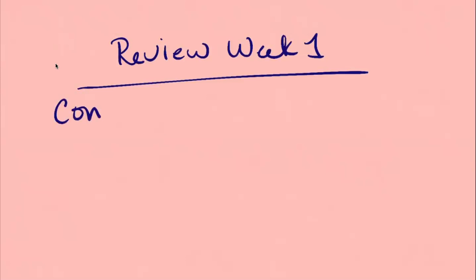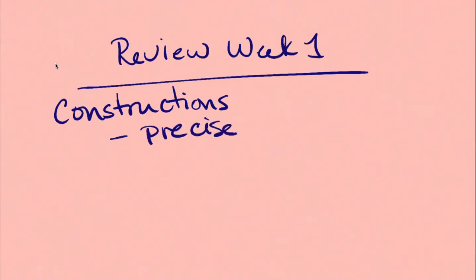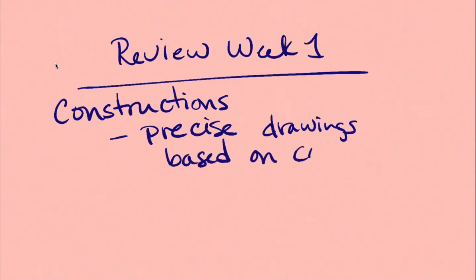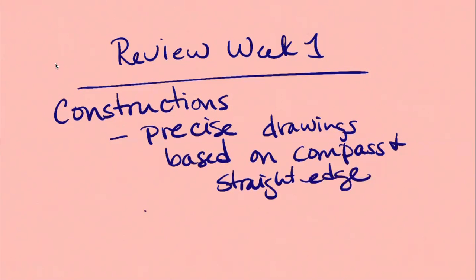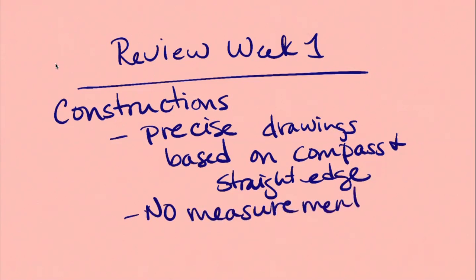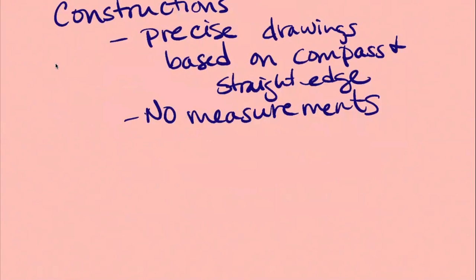We talked about constructions, which remember those are very precise drawings that are based on using a compass and straight edge. And even though they're precise, there are no measurements, making them somewhat like a variable in algebra, meaning it could be any length or any size angle or any size shape.